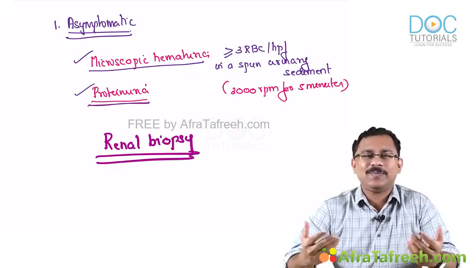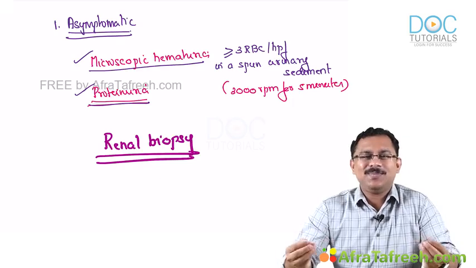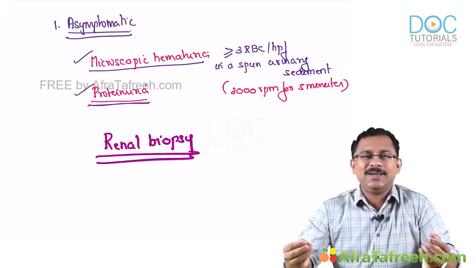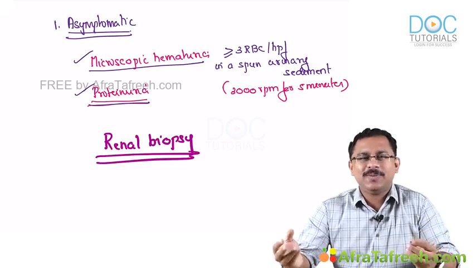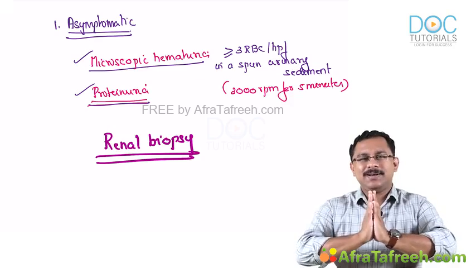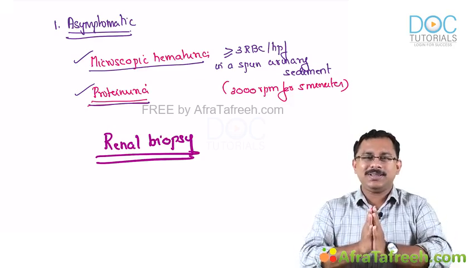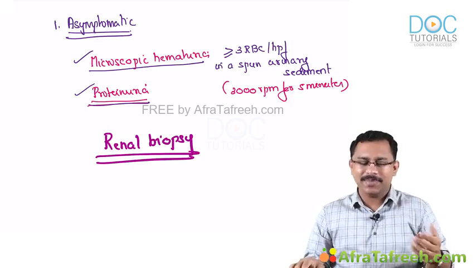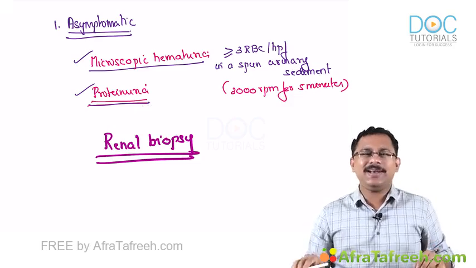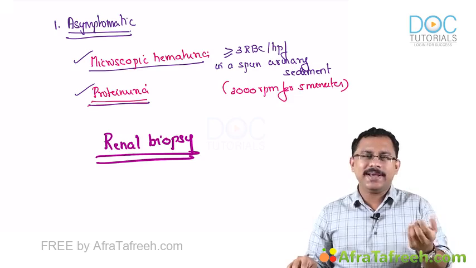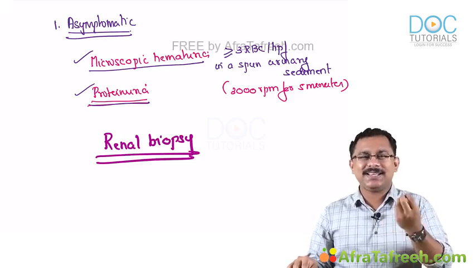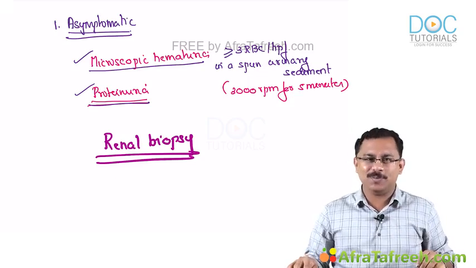Just think, somebody is totally asymptomatic and you check the urine and you find a few RBC casts, or maybe some proteinuria. But it is important that you have a talk with the patient and tell him that in this particular examination, there is a slight abnormality, and it would be good that we proceed ahead with the investigations and find out why you are having this problem.